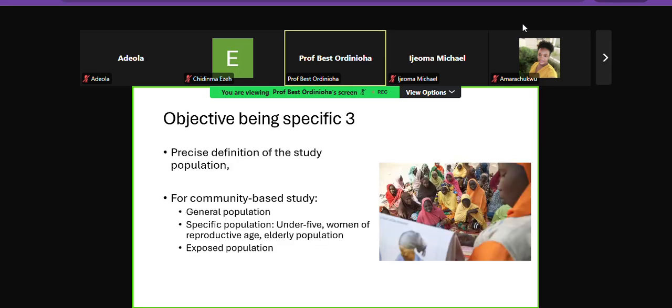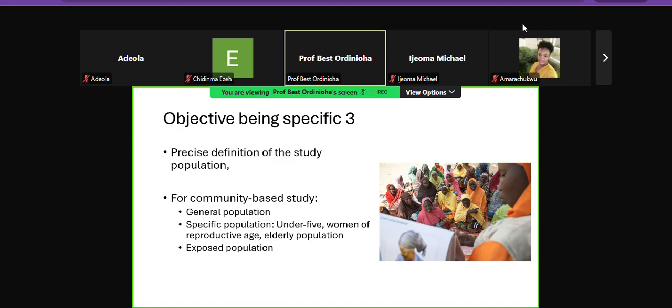And then the study population, you have to specify them. Please note that even in the research topic we said you should specify the study population, because they are not the same.